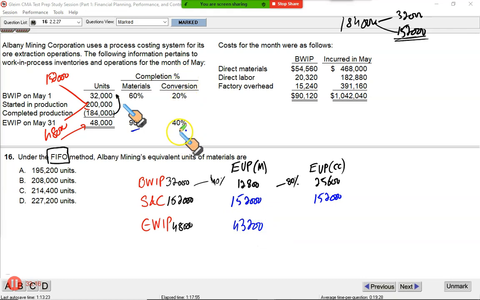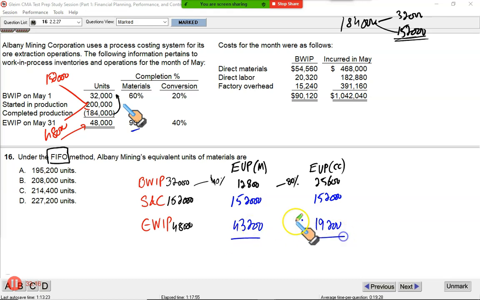Then we added how much conversion cost? 40%. 48,000 times 40% is 19,200. So there are 43,200 EUPs of material and 19,200 EUPs of conversion cost added during the current period.